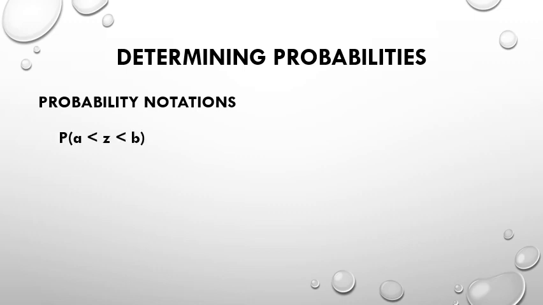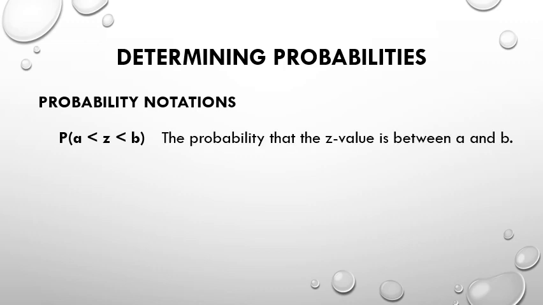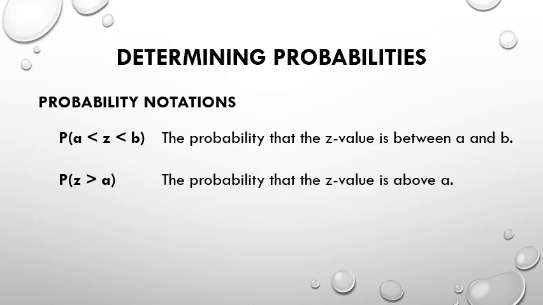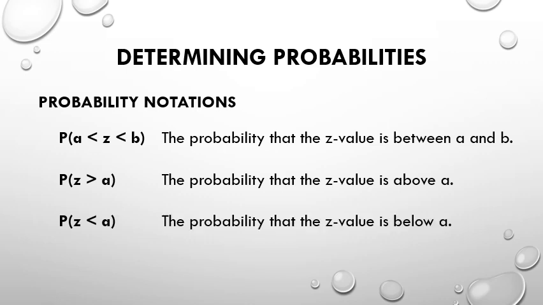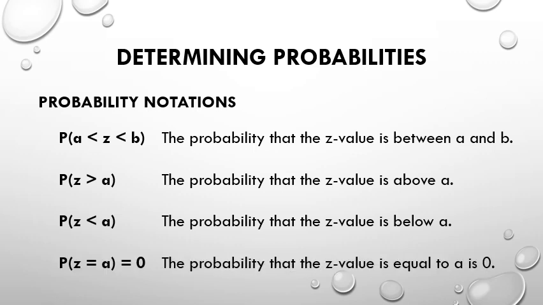So first, we have here, kana nga mga symbols, mga less than. Pasabot ana, the probability that the z value is between A and B. So ingana siya pagkasulat ang symbol kung ang z value is between A and B. Another one, we have there, pasabot ana that the probability that the z value is above A. So that is why it is Z is greater than A, or the probability of Z is greater than A. Then, you have there, another one, pasabot ana, the probability that the Z value is below A. That is why that is Z is less than A. Then, you have there, the probability that the Z value is equal to A is 0.